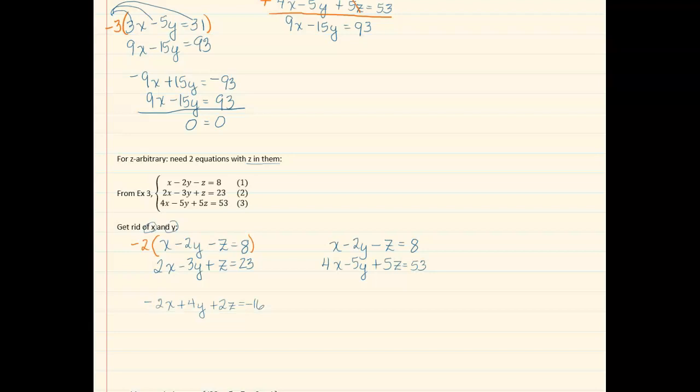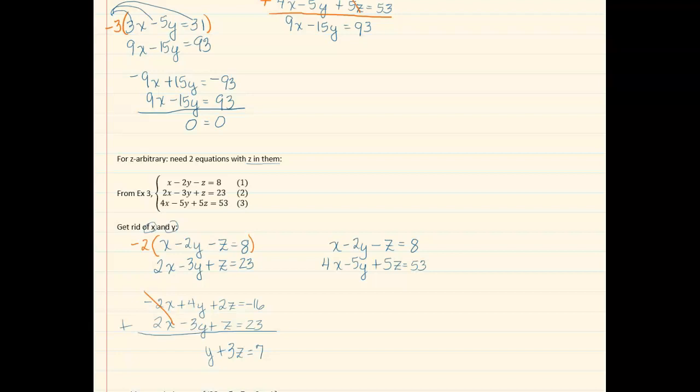This should look familiar to what we did above. Down here we would have 2x minus 3y plus z is equal to 23. And then now we can add them, and we're going to find that our x's will zero out, which we're not surprised by because that was the whole purpose, to get rid of x's. And we'll find that we have y plus 3z is equal to 7.